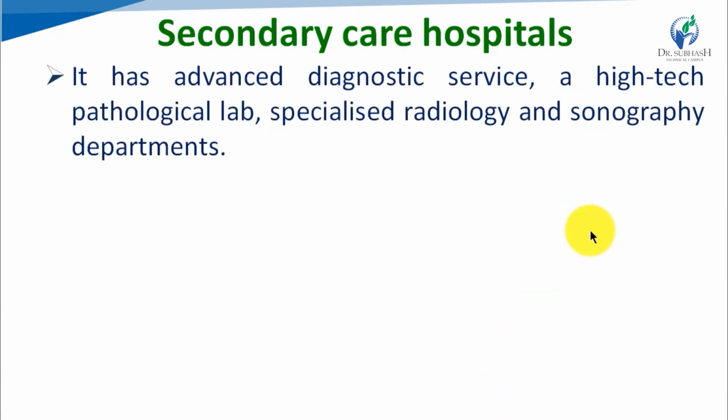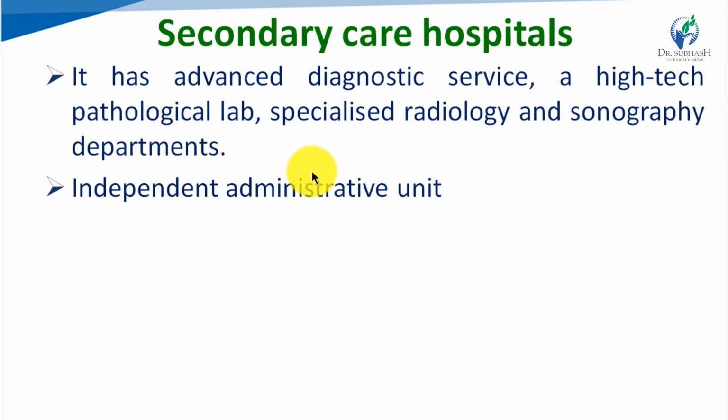Then it has advanced diagnostic services. There should be a high-tech pathological lab, and specialized radiology and sonography departments. Then they should have an independent administrative unit. Administration of such a big hospital is also important.